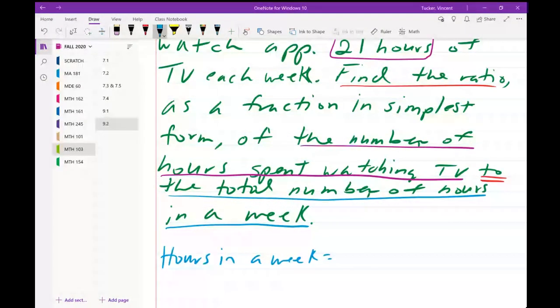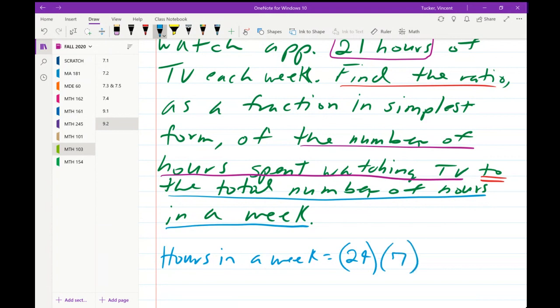All right. So there are 24 hours in a day, and there are 7 days in a week. So that's just 24 times 7.